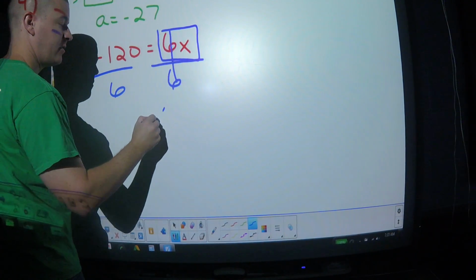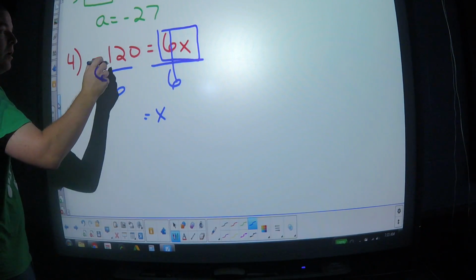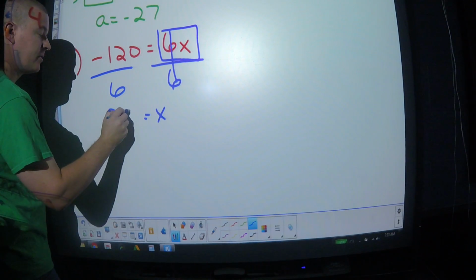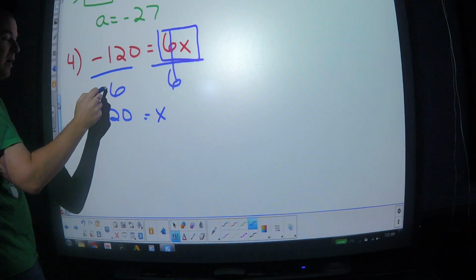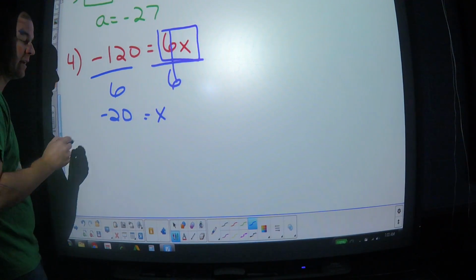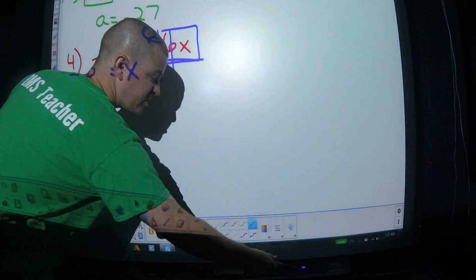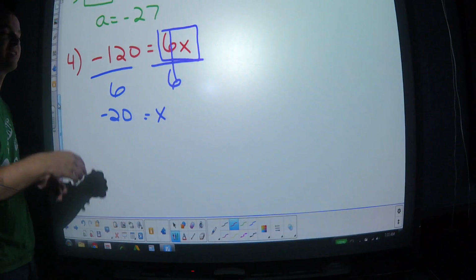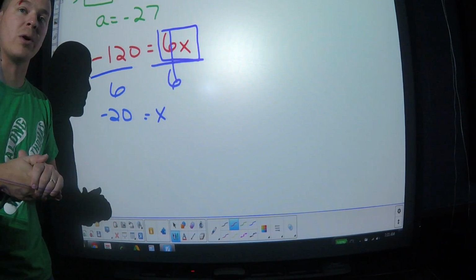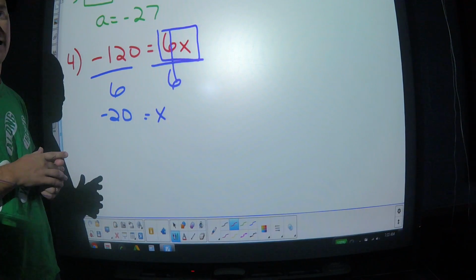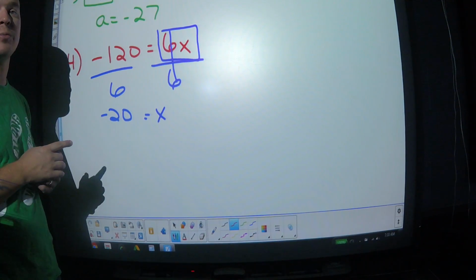So that cancels out and you're left with x is equal to 12 divided by 6 is 2, then add your 0, so 20. Negative divided by a positive is a negative, so x is equal to negative 20. So it's the same as before, so you're still doing the same exact thing that you did in the other one-step equations. The only difference is now you're adding in positive and negative numbers or integers within that.